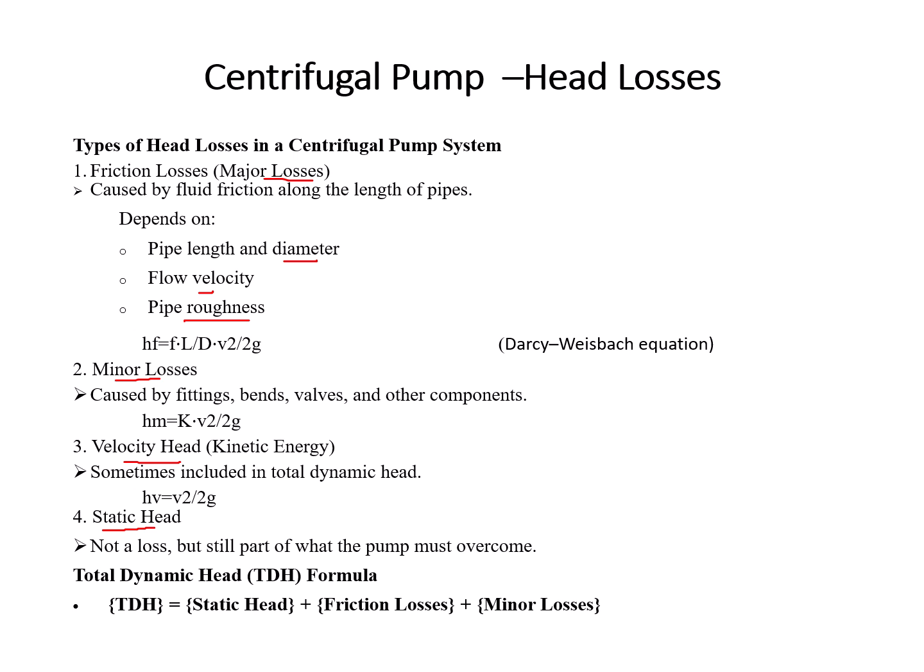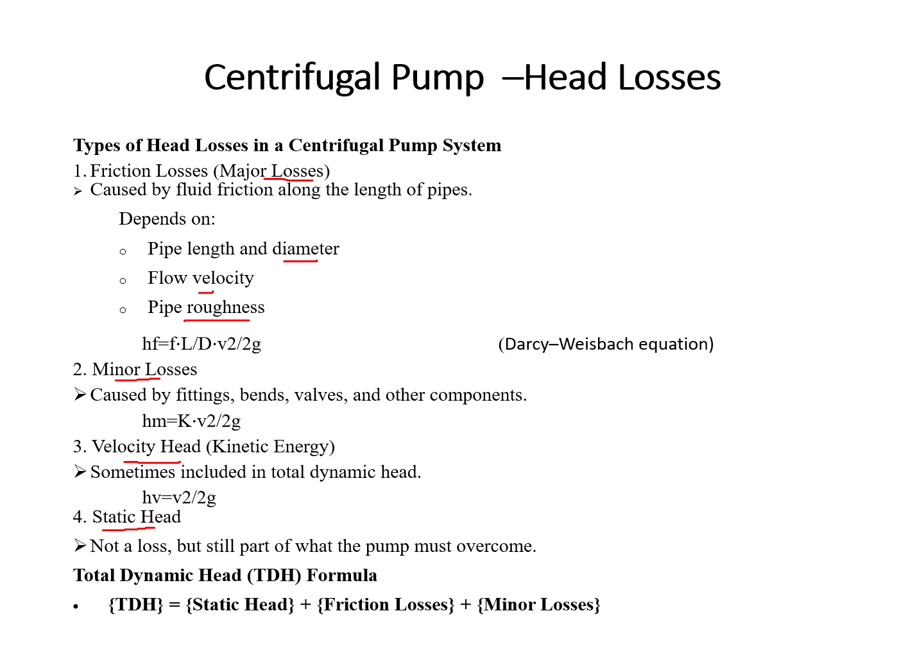Minor losses are caused by the fittings like elbows, bends, valves, and other components. And the minor losses head, HM, is calculated by multiplying the loss coefficients of all these fittings times V squared over 2G.